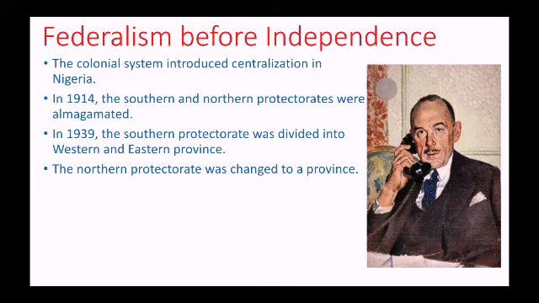The western province, eastern province, and then the northern province. So by 1949, the three provinces became regions, that is, the northern region, eastern and western regions.